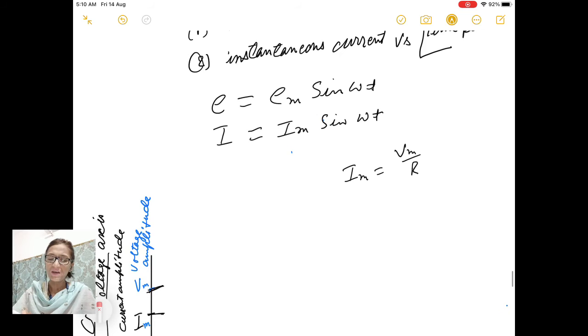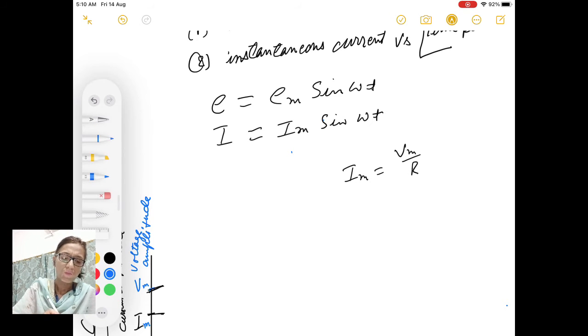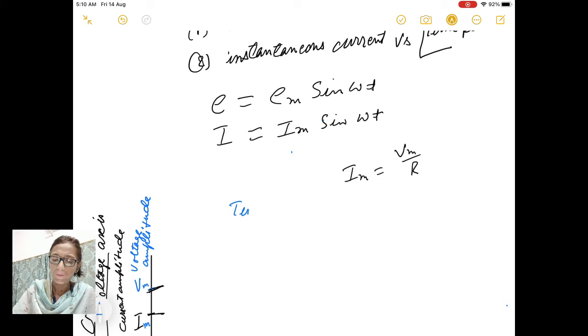So what is time period? Time period is the time taken in one complete rotation.